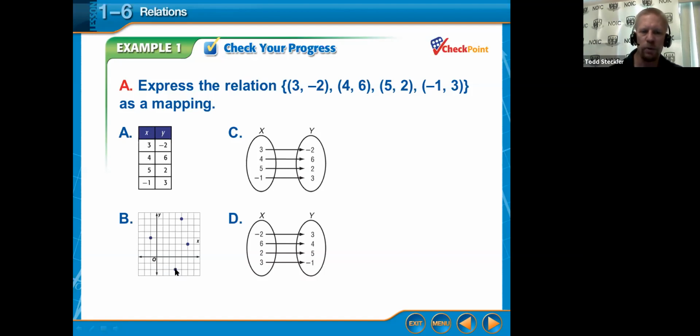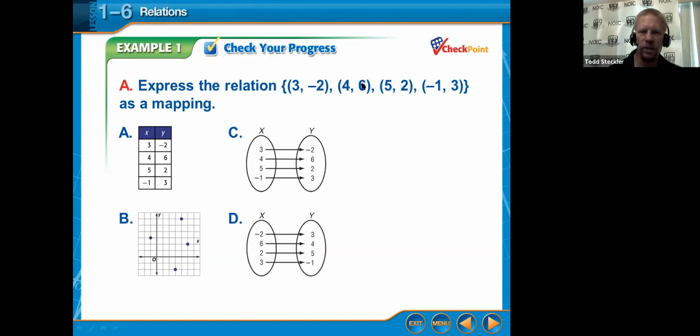This O stands for origin. 4 comma 6 means from the origin, we're going to move 4 to the right and 6 up. So there's a second point. 5 comma 2 means we're going 5 to the right and 2 up. And then -1 comma 3 means we're going 1 to the left and 3 up.